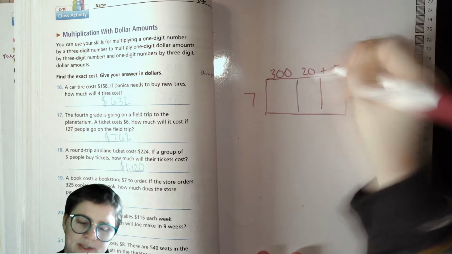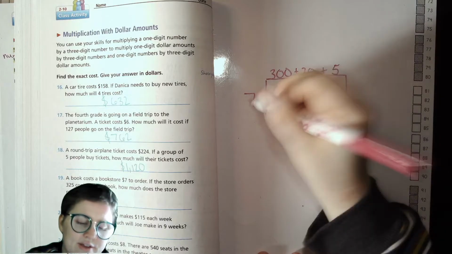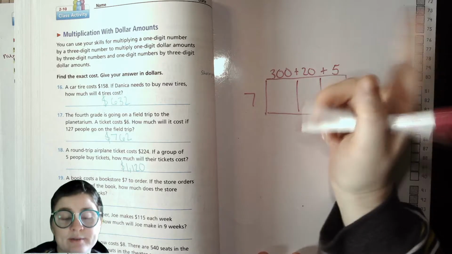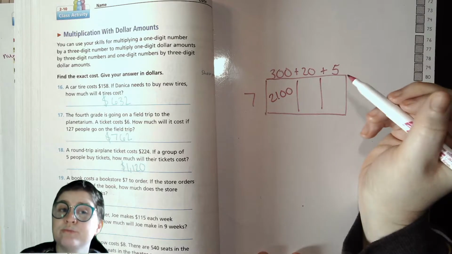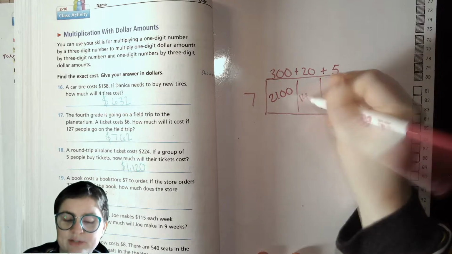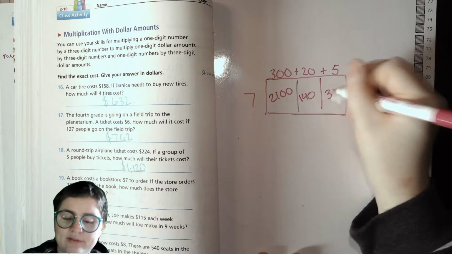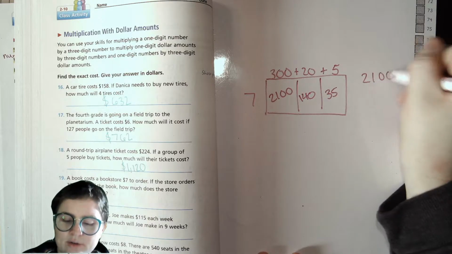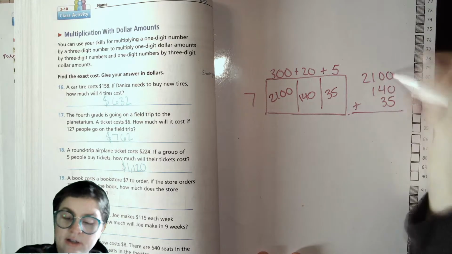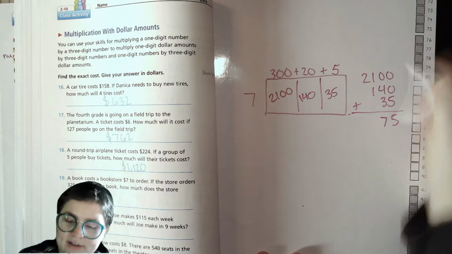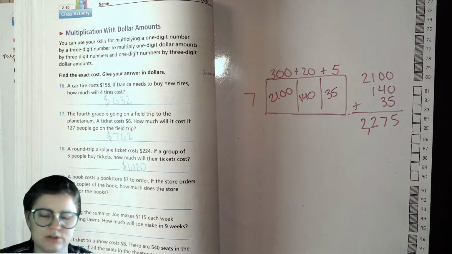And in between them all, little plus signs, just so someone doesn't think you have some super long number. 7 times 3, 21. 7 times 300, 2,100. 7 times 2, 14. 7 times 2 tens, 14 tens. 7 times 5, 35. So 2,100, 140, and 35. 2,275.